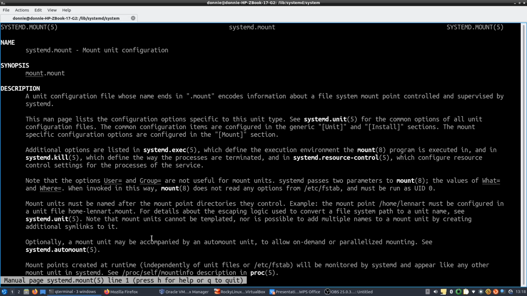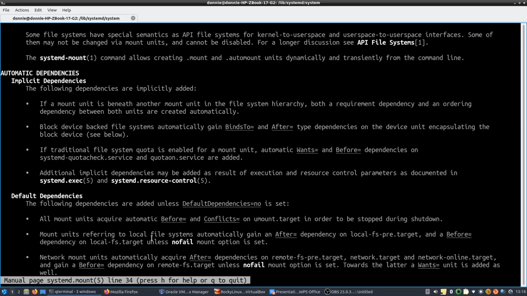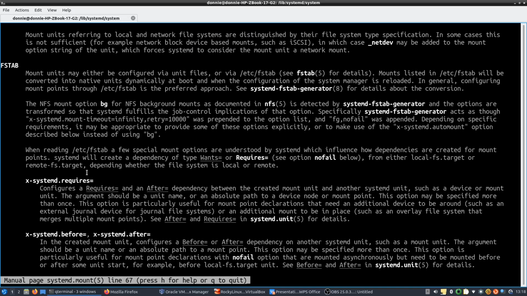So if we go down here, under the fstab section, it says mount units may be configured by unit files or via the /etc/fstab file. Aha! So mounts listed in /etc/fstab will be converted into native units dynamically at boot and when the configuration of the system manager is reloaded. In general, configuring mount points through fstab is the preferred approach.